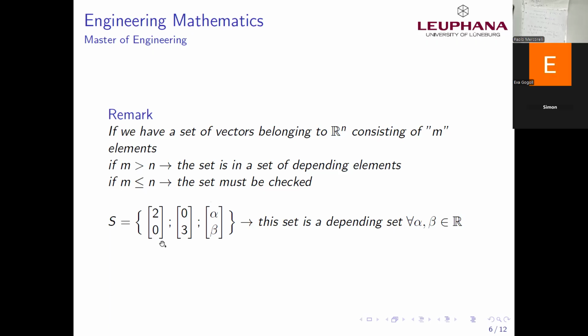This means here, for each alpha, beta real, the system is dependent, because we have 3 elements in a space with 2 dimensions. This can help in the exam, can help in the exercise.